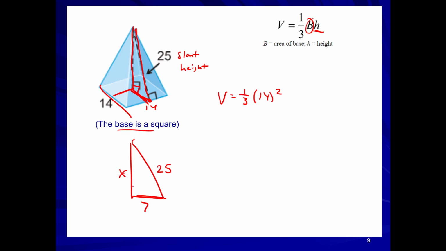So I can solve for that missing side using Pythagorean theorem. And then if you solve that out, this one works out nice, you end up getting 24. Okay, so 7, 24, 25. And so that is the height of the pyramid. And again, whatever that calculation comes out to, that would be your answer.